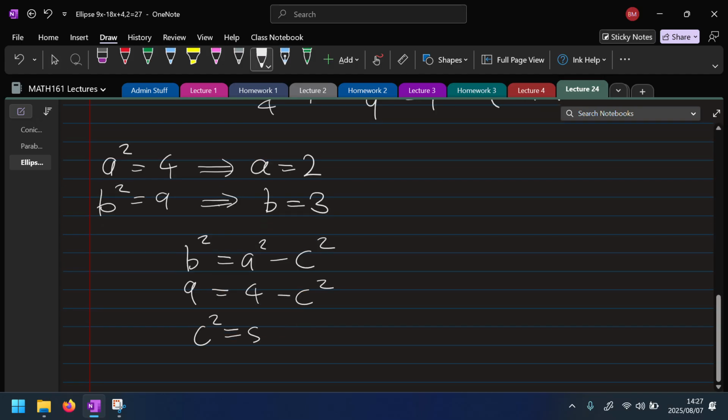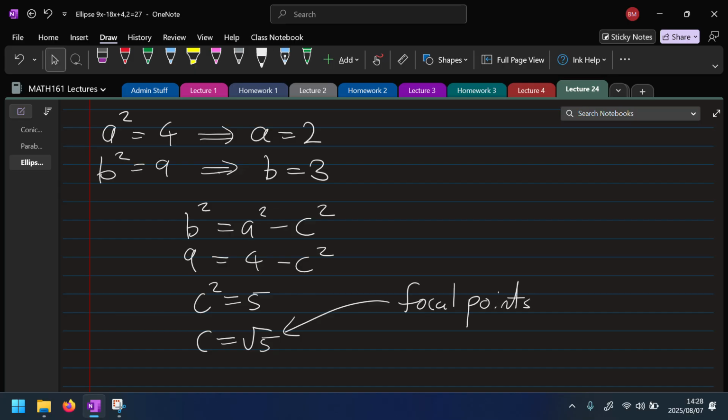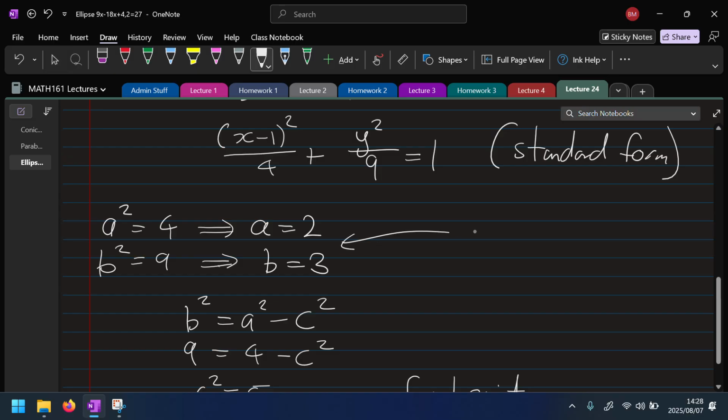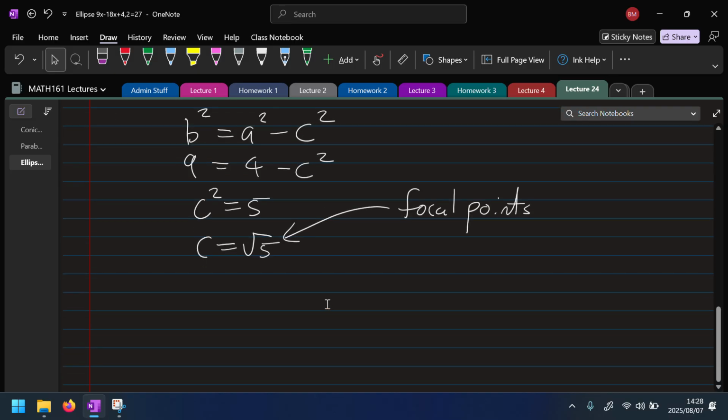So c squared will be 5, so c is root 5. That c value gives us our focal points, and a and b give us our vertices. All right, so we have everything we need. We've got a, b, and c, so we can fill in the rest.